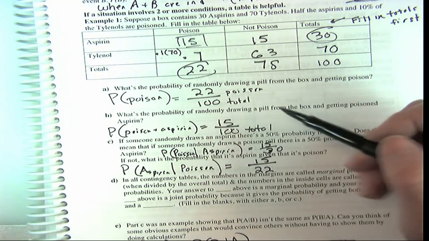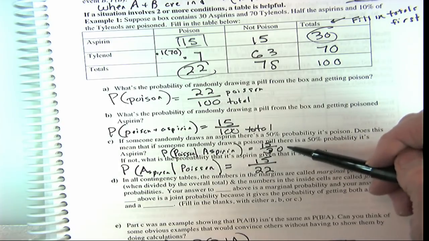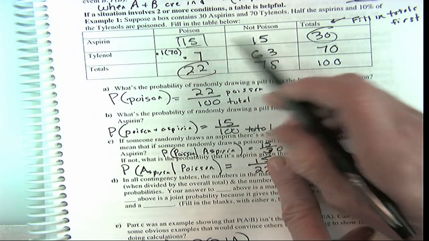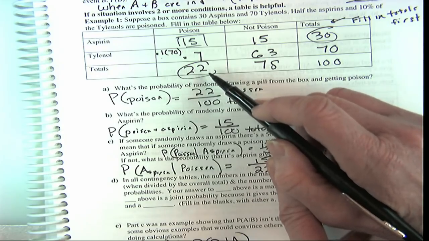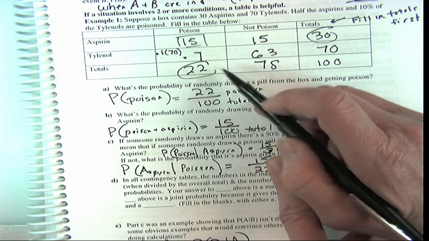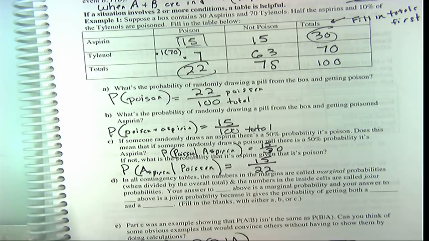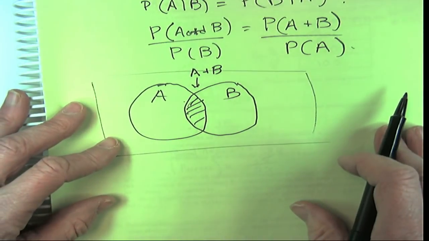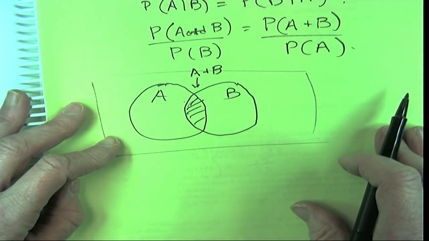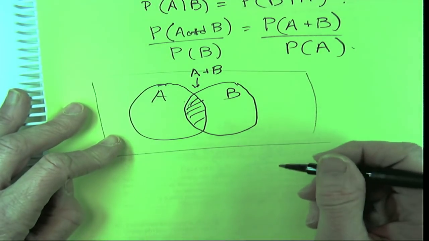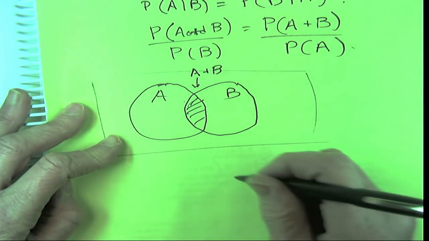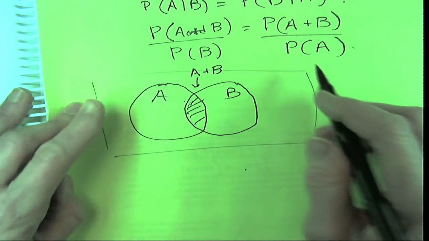So 15 over 30, if this was 30, if they were exactly the same, that's the only time this would be true, unless the probability of A and B is 0. Well, then it would always be true. So it would have to be when they're the same.